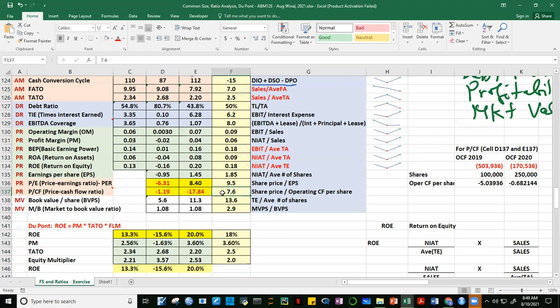So relative to the competitor, mahal yung stock natin. Kasi dito magbibigay si competitor ng 1 peso na operating cash flow at 7.6 yung price. Ito naman 1 peso na operating cash flow per share pero ang price niya 17.84. Okay? So but then again, ang caveat ko guys, I was assuming that these are positive.